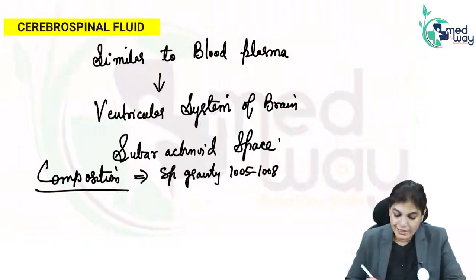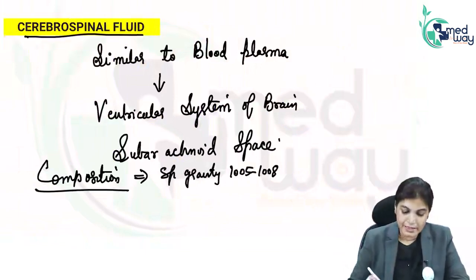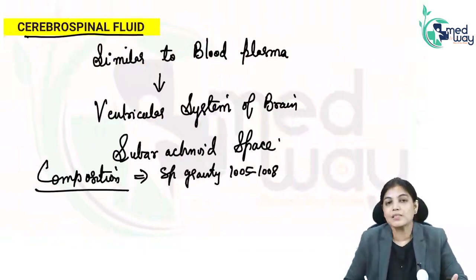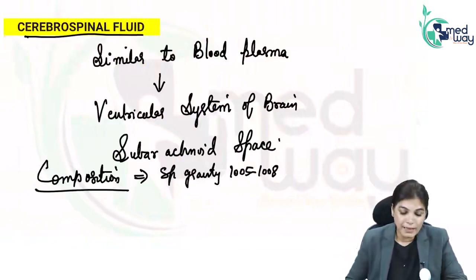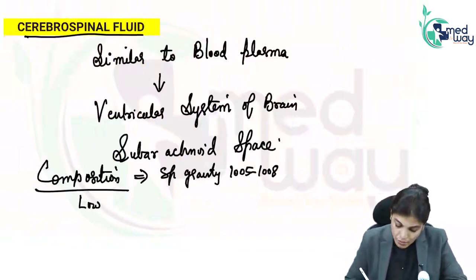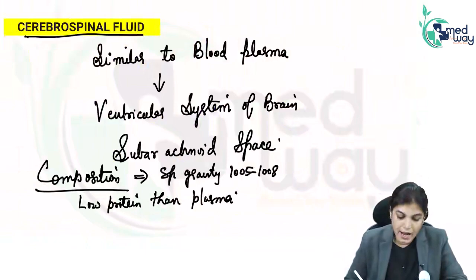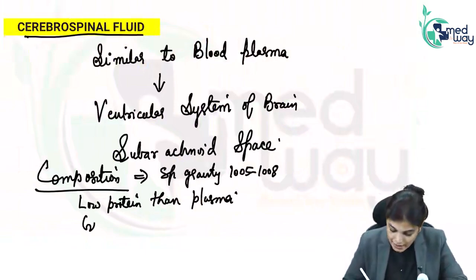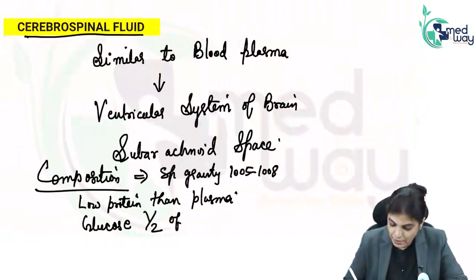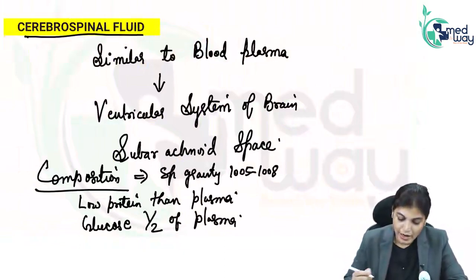It contains inorganic salts, a trace amount of glucose, and protein, but please note down, low protein than plasma. The protein is slightly lower than blood plasma, and the glucose content is half that of blood plasma, and chlorides are slightly more.